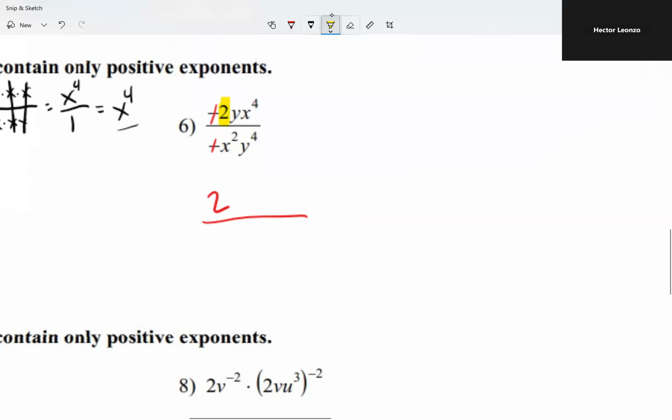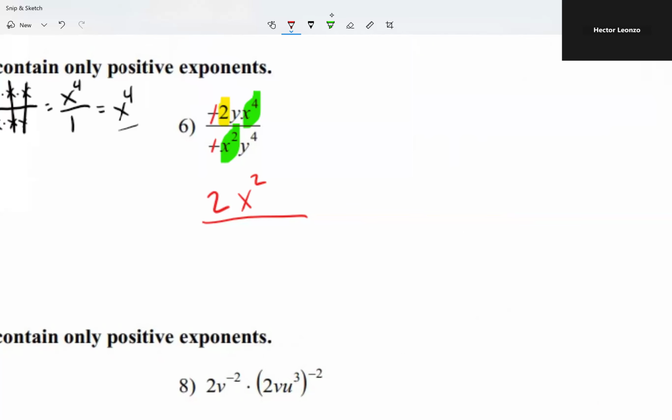Letter-wise, on x, I see an x to the fourth and x to the 2. I have to subtract them. I know 4 minus 2 is 2, so it's going to have an x to the 2. And remember, I'm going to have it right where I have the higher exponent. So I'm going to write it on the top.